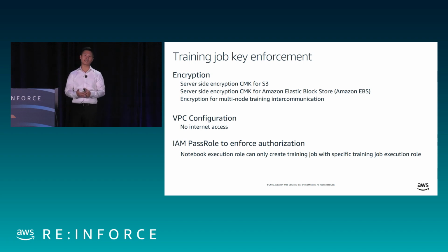We also enforce that there is no internet access by making sure that the user creates a training job using our VPC configuration, like subnet and security group. Besides the Lambda function enforcement, we're also using the IAM role to enforce authorization, meaning the notebook execution role can only create a training job with the specific training job execution role. We don't want the user to bind to any arbitrary IAM role.